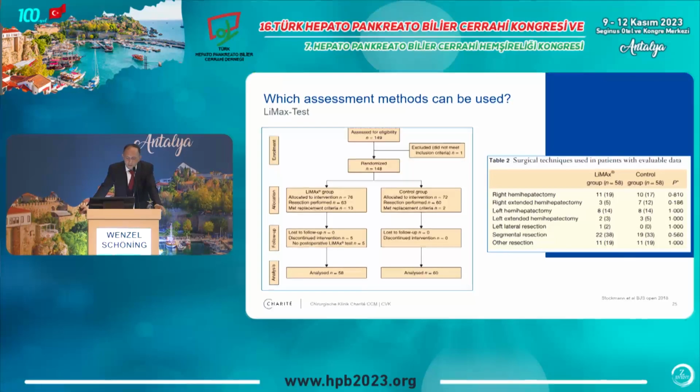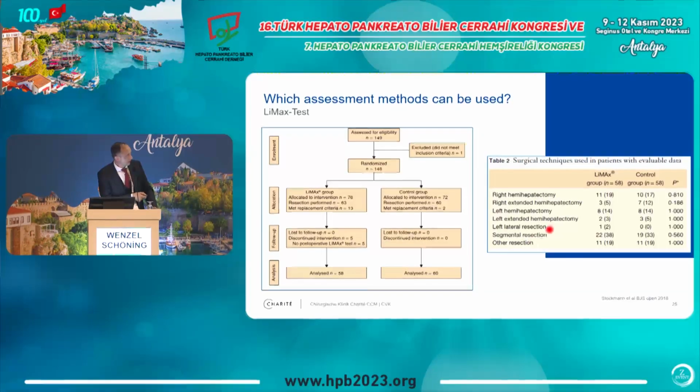The intervention group was the LiMAx group, where the liver function test was performed preoperatively and postoperatively, and we had a control group where this test was not performed. For analysis, in the end, we had about 60 patients in each group. What kind of operations were performed in this study? There were right hepatectomies, extended right hepatectomies, left hepatectomies, extended left hepatectomies, but also some segmental resections and other resections.